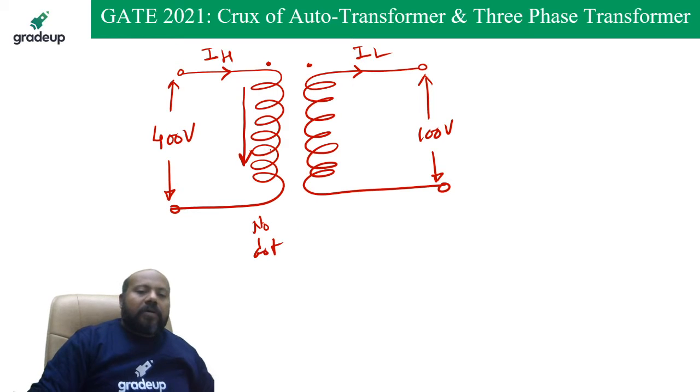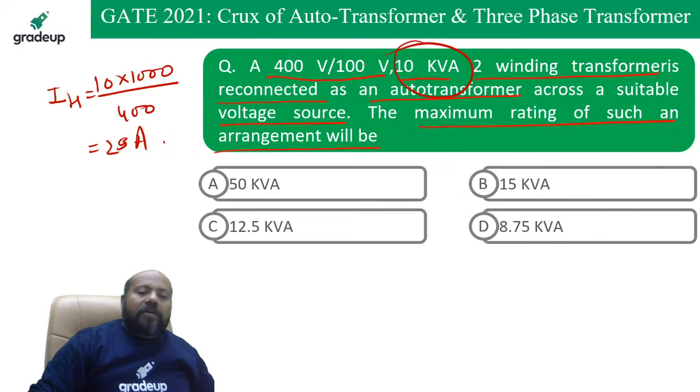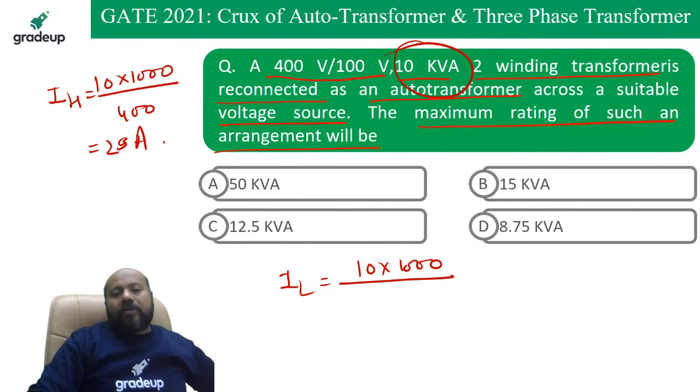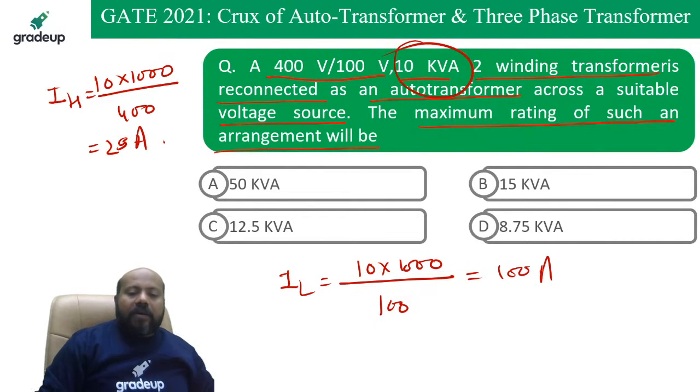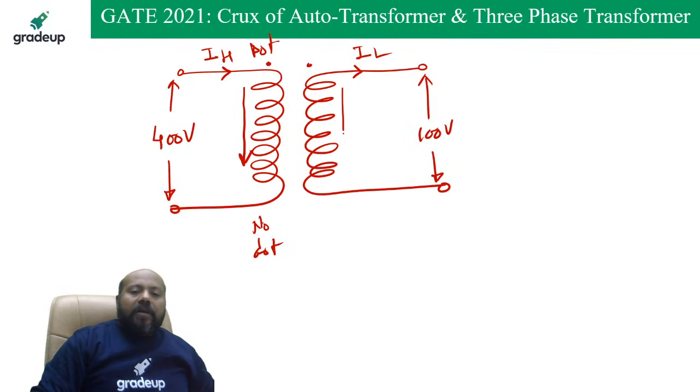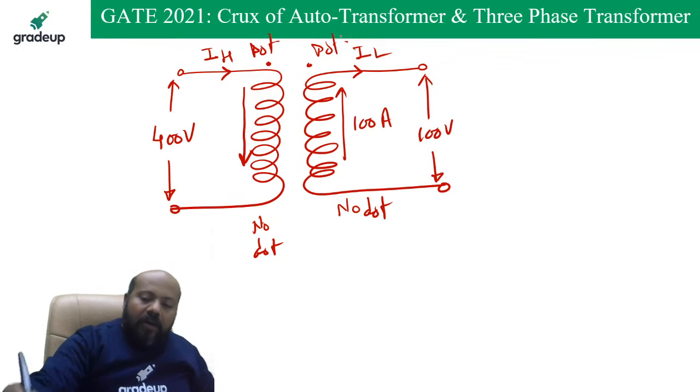This is no dot and this is dot. If you go to the low voltage side, what is the current? Losses are very less, so you can assume both input and output are 10 kVA, divided by 100, so you will get the current as 100 ampere. Now in this secondary circuit, the current is going to be 100 ampere from no dot to dot. Now I am going to draw.